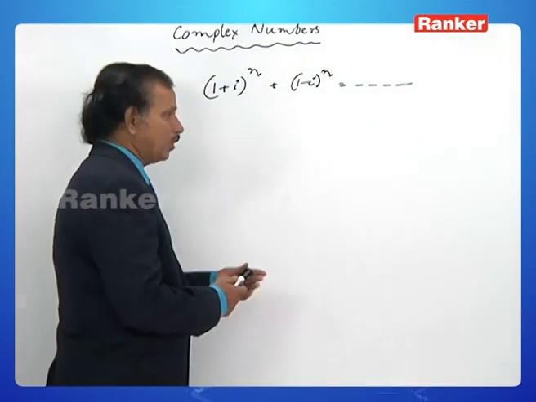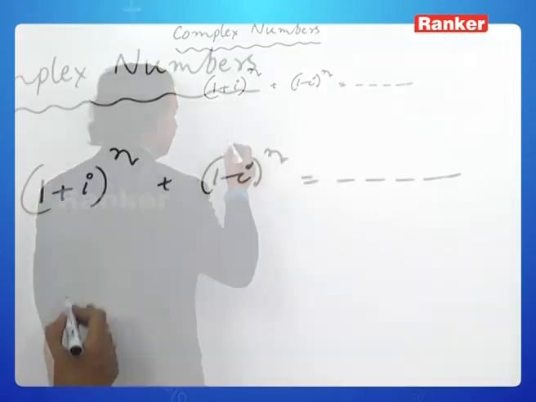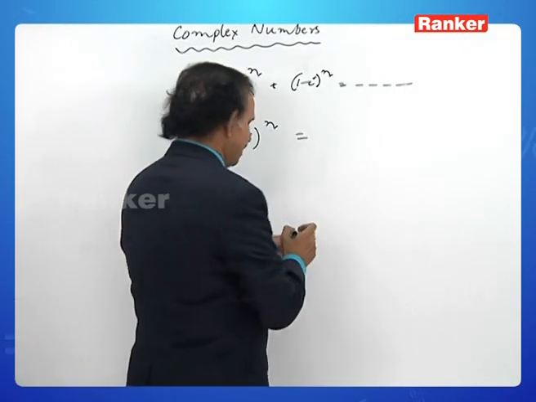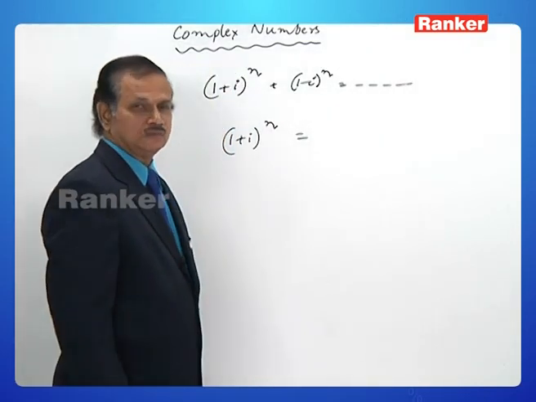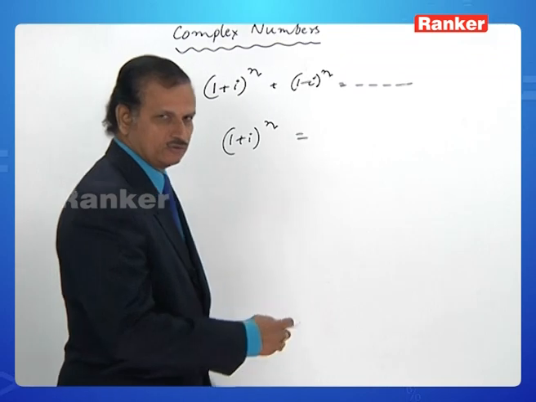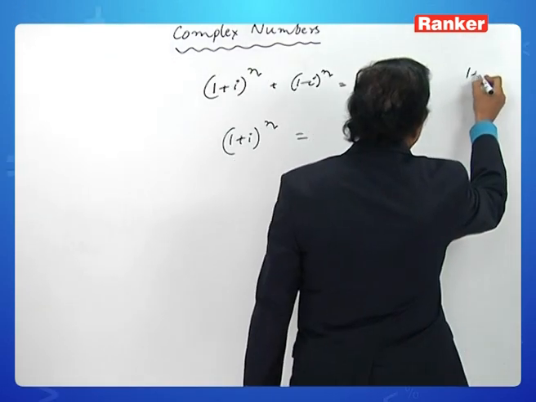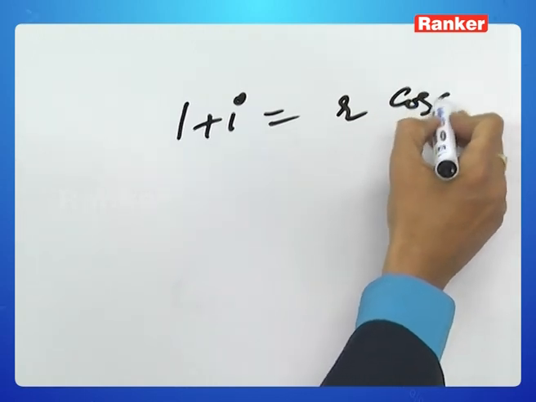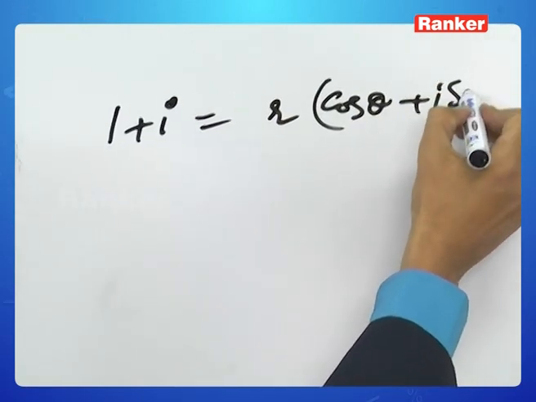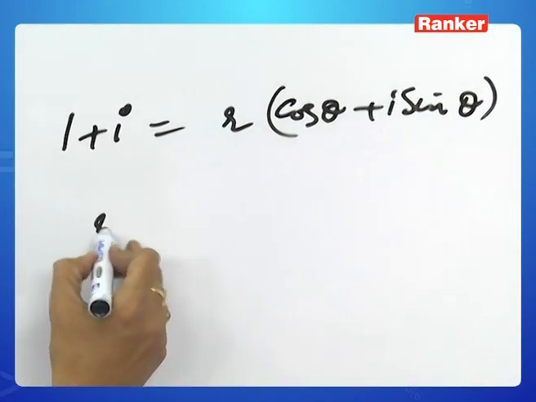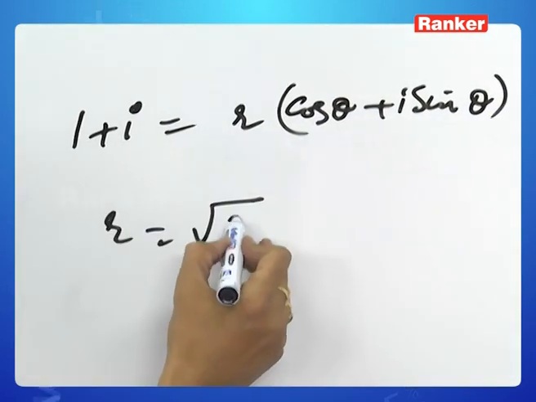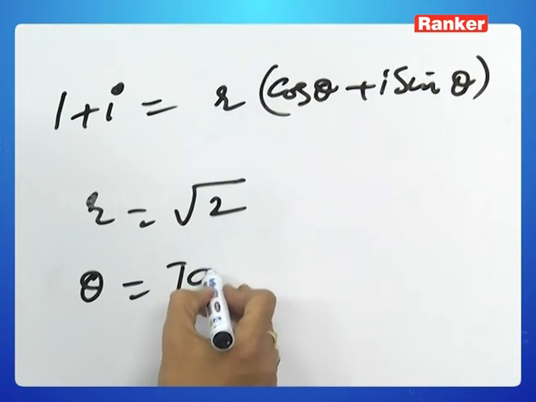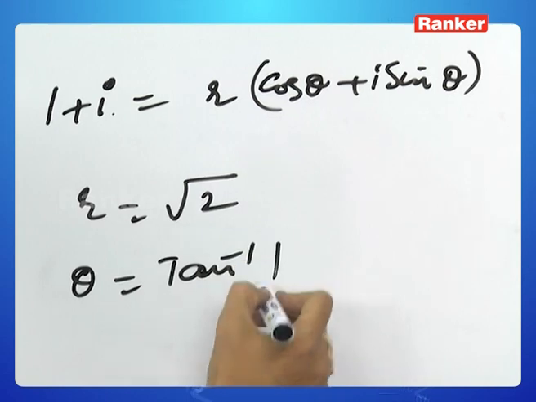Let me first find what 1 plus I whole to the power of n is. First of all I am interested to write 1 plus I in mod amplitude form. How can it be? 1 plus I is equal to r into cos theta plus I sin theta. Here r is equal to root of a square plus b square, that is root 2, and theta is equal to tan inverse b by a, 1 by 1, that is 1.